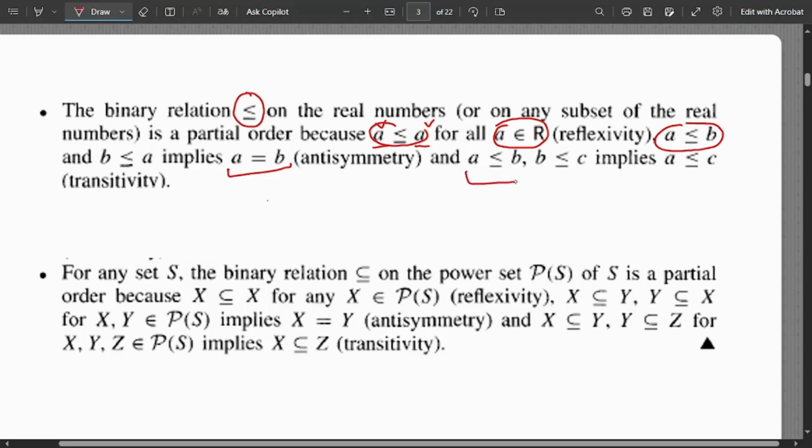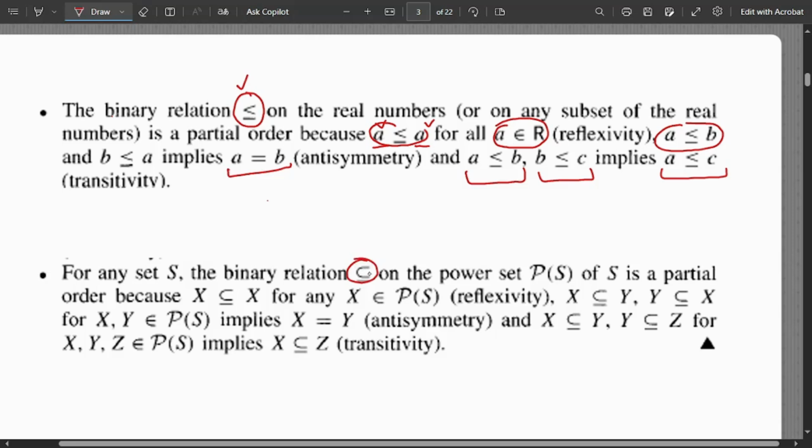And if A is less than or equal to B and B is less than or equal to C, that obviously implies A is less than or equal to C, which is transitive. So the binary relation less than or equal to on the set of real numbers is a partial order.